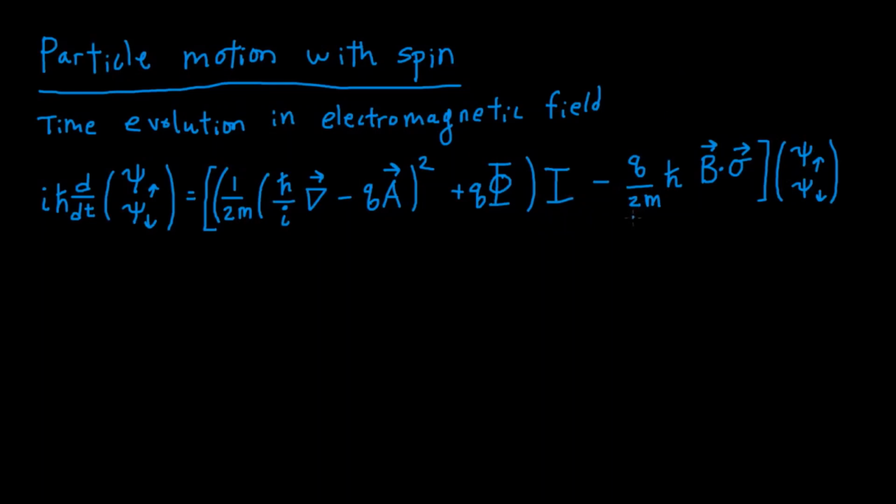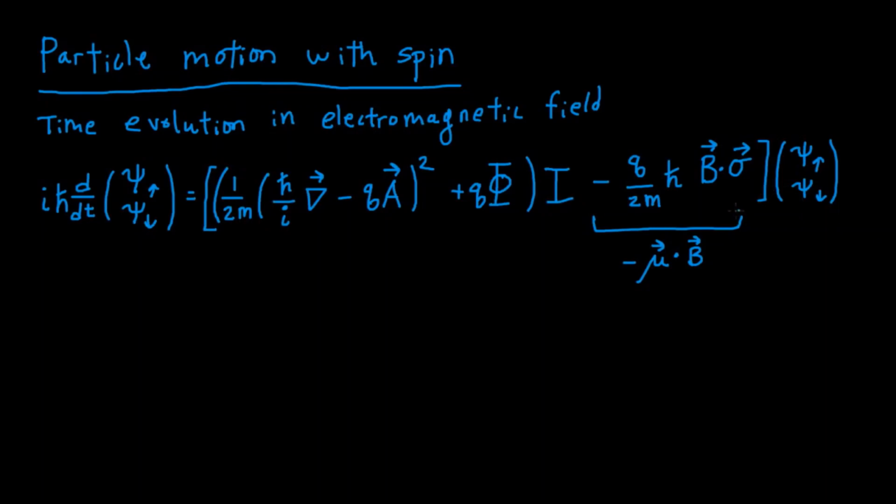Now, if you've seen some of my previous videos, this term might look familiar to you, because this looks an awful lot like negative mu dot B, where B is the magnetic field and mu is the magnetic moment of your particle. Here we've approximated the g factor equal to 2, but if you don't know what the g factor is, don't worry about that.